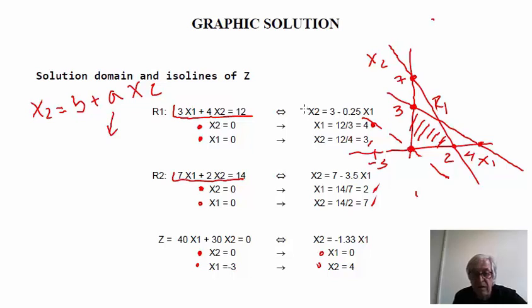For example, in the first one, the inclination of restriction 1 is minus 0.25. In the case of restriction 2, we get minus 3.5 for the inclination. And in the case of the lines of z, or isolines of z, we get minus 133.